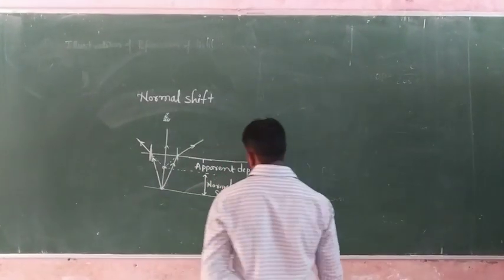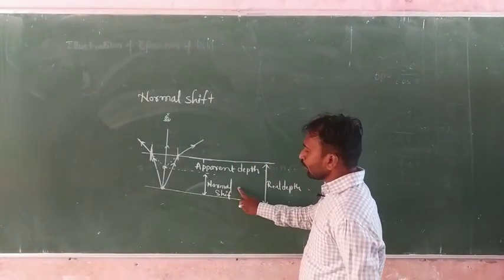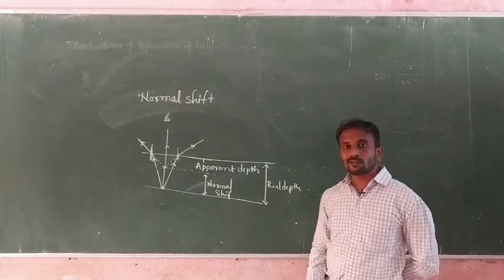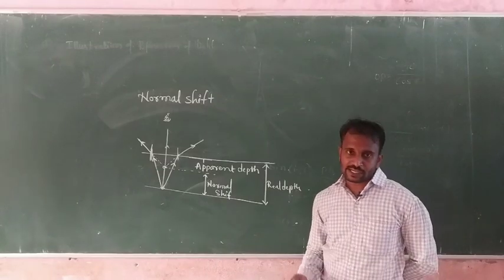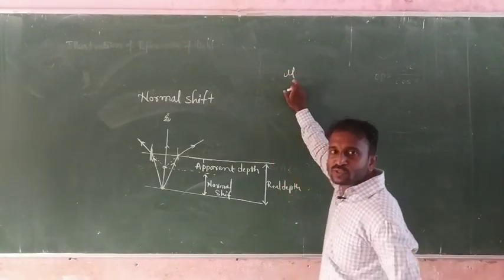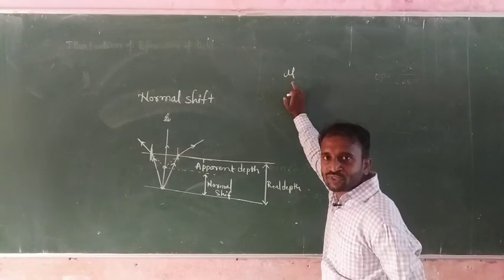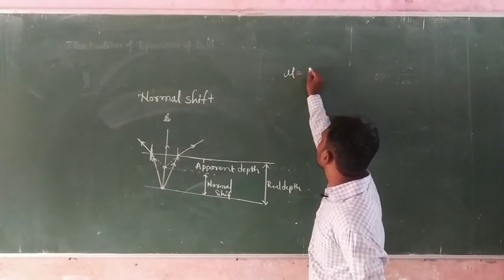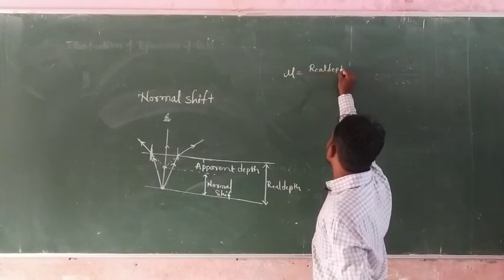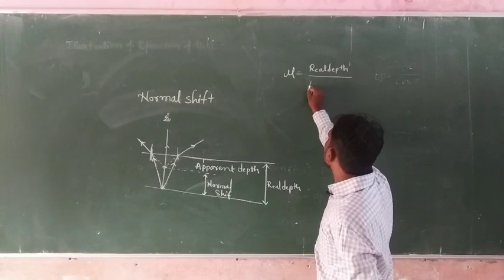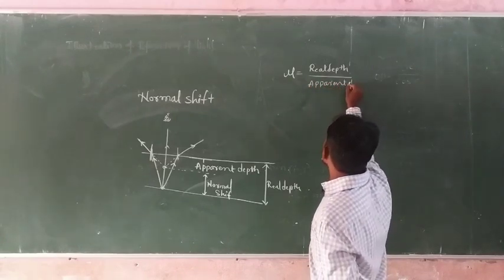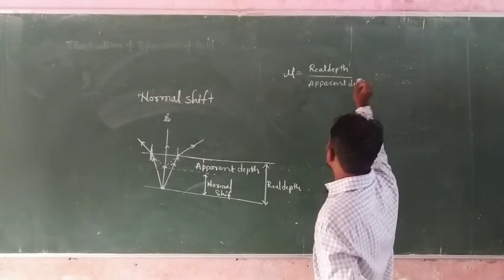Here we want to calculate the normal shift. Before calculating this normal shift, first we need the refractive index. The refractive index is generally denoted by mu. Mu is nothing but the refractive index. So refractive index is equal to real depth divided by apparent depth.